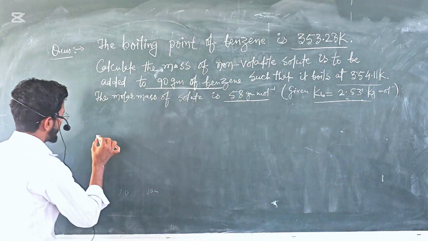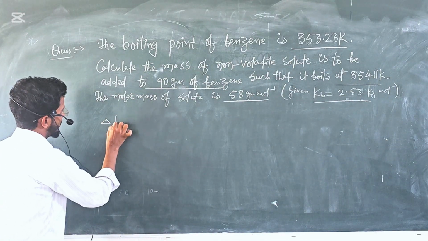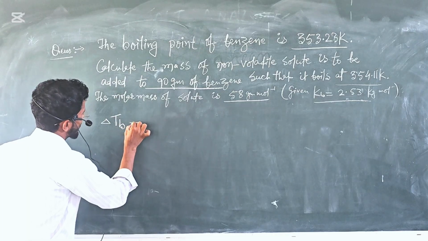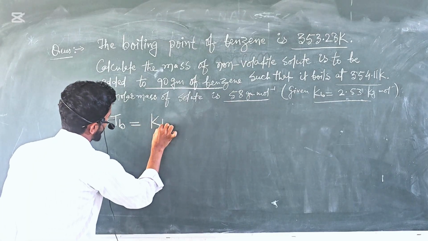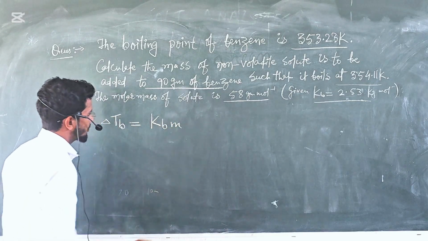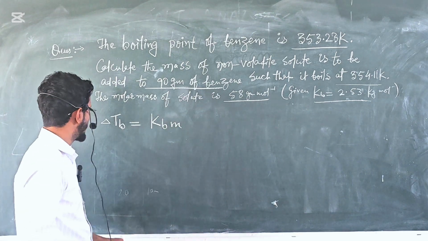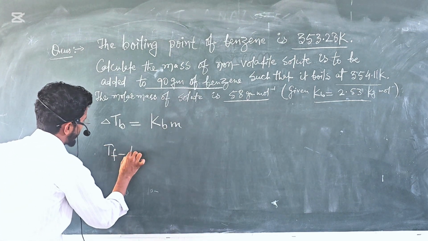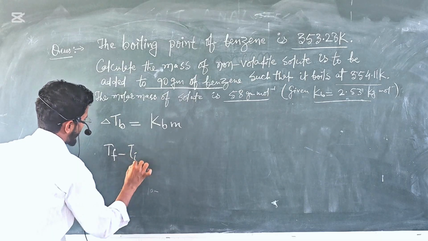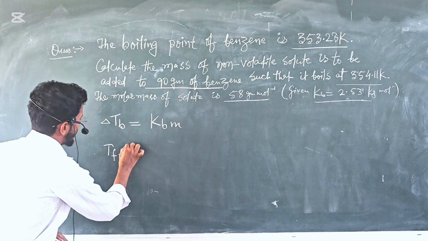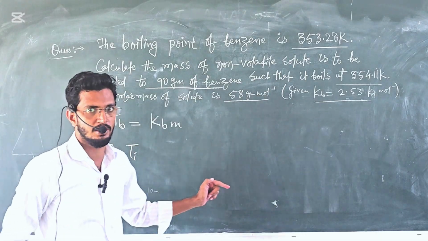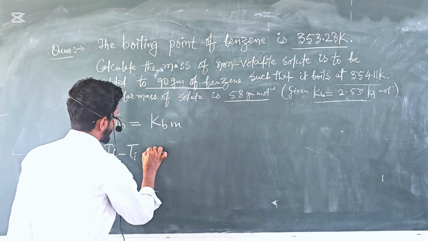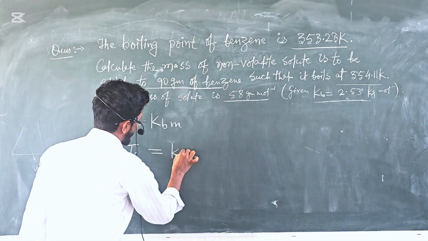As we know the formula of elevation in boiling point, delta Tb is equal to Kb into m, where m is molality. Now delta Tb is T final minus T initial, the final boiling temperature minus the initial boiling temperature, equal to Kb into m.